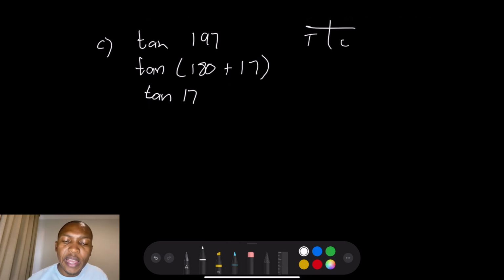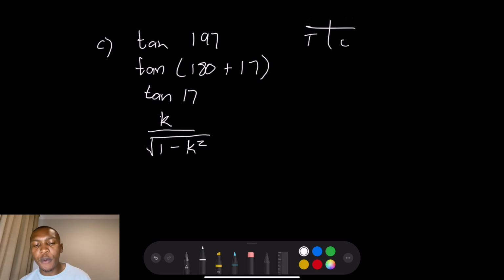So that's k over square root of 1 minus k squared. Of course, if you want to, you can just rationalize that. I'm just going to leave that as is for now, especially if I was not asked to rationalize.